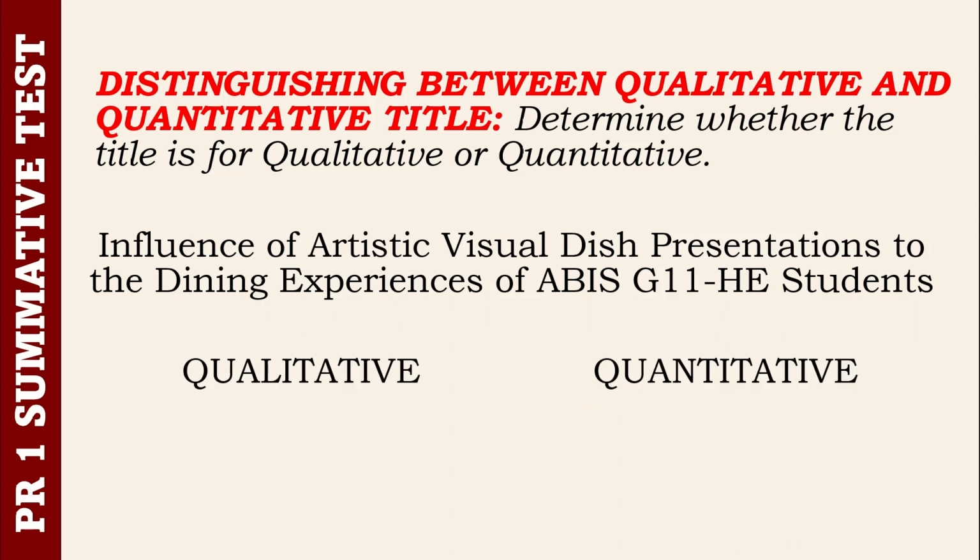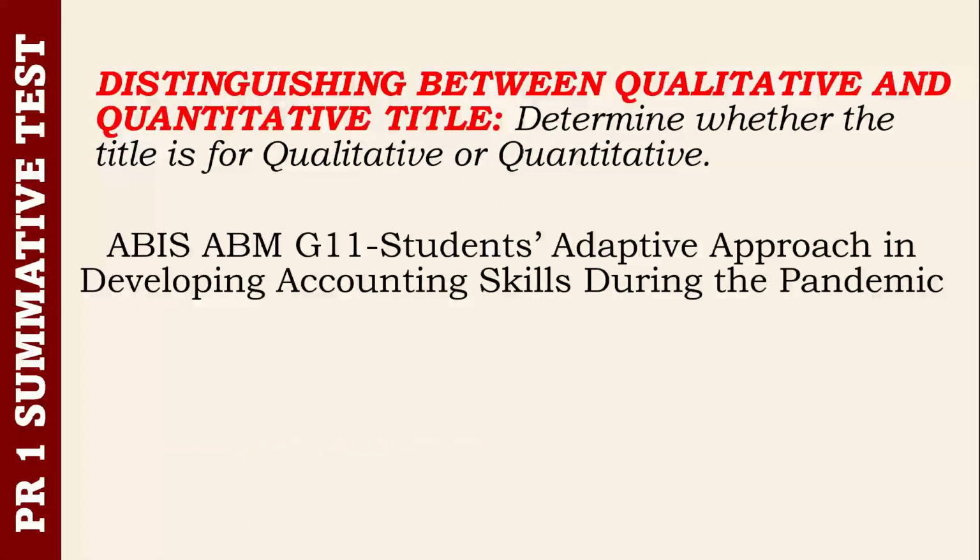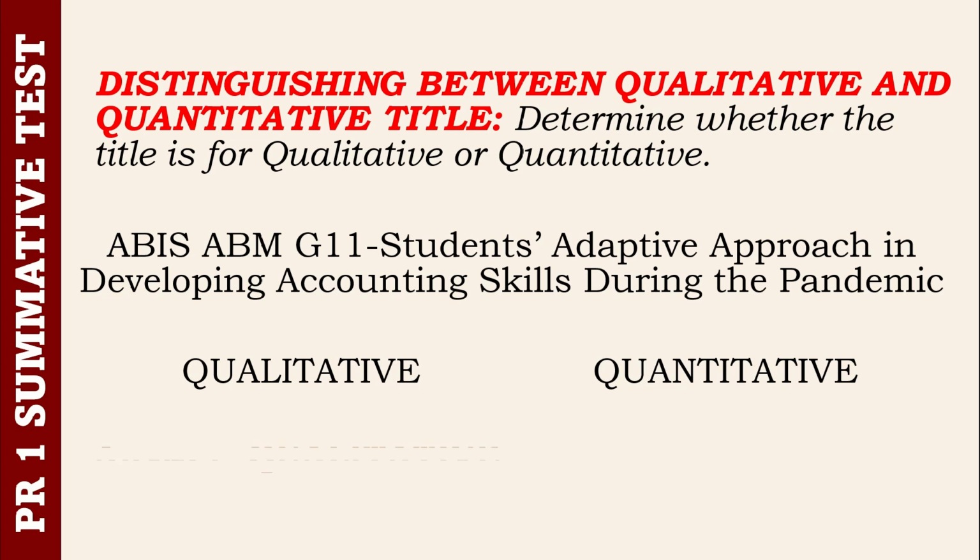So here we're also going to get the opinions of our respondents, so this is a qualitative title. Next in line is ABBY's ABM Grade 11 students' adaptive approach in developing accounting skills during the pandemic. Is it qualitative or quantitative? The answer is qualitative.